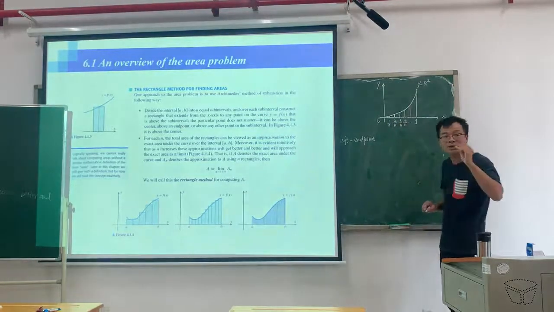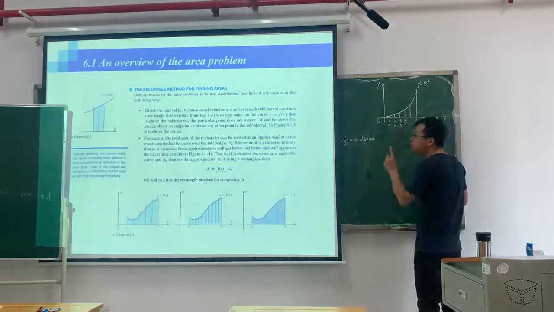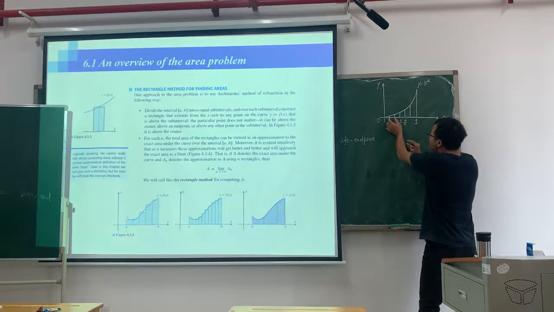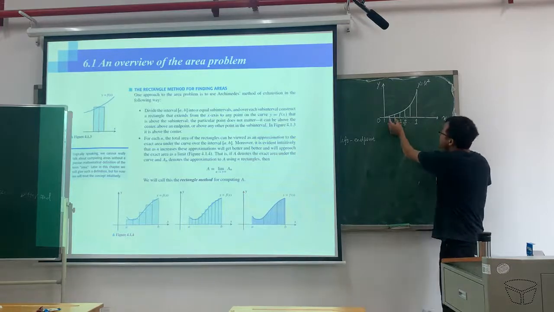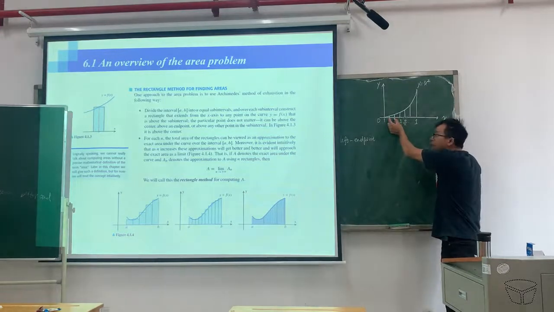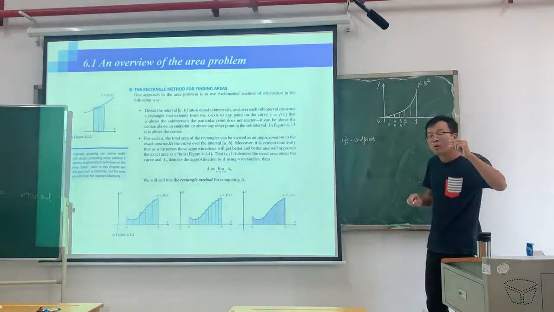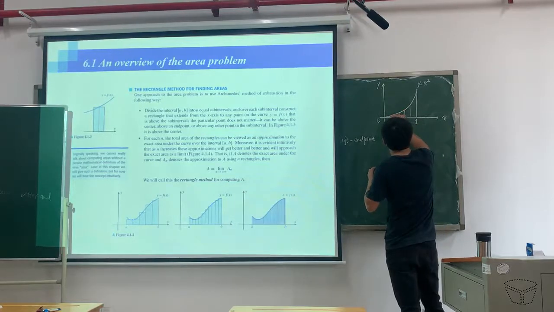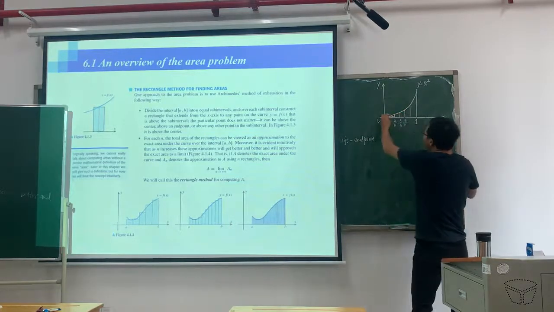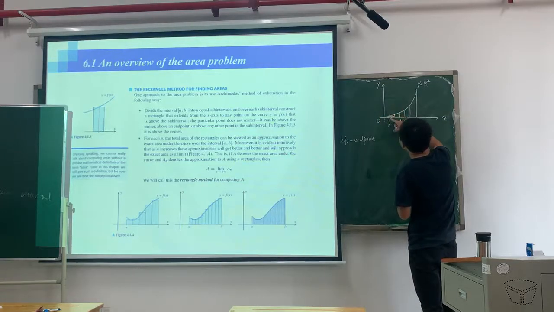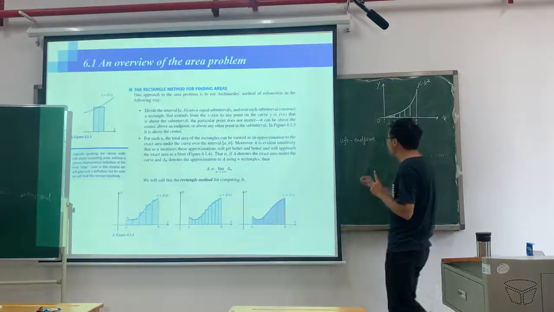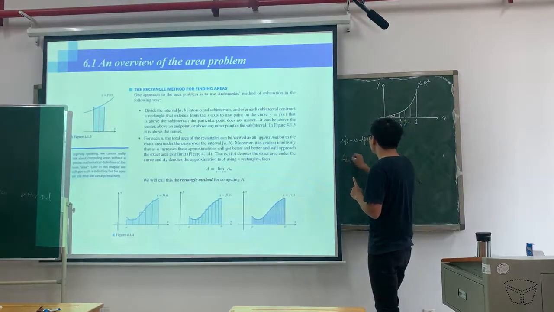The second rectangle, we also use the left endpoint. Its width is also 1 by n. So what's the height? This part is the function value at 1 by n.